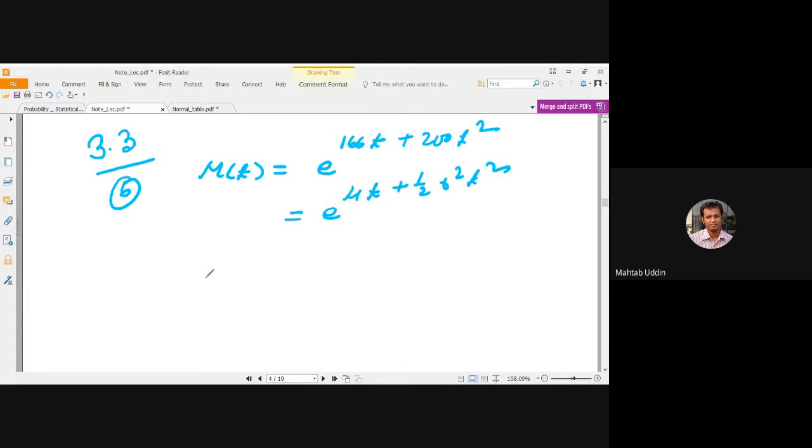If I compare this, mu is what? 160. Half sigma square is 200, so sigma square is 400. So what is sigma? 20, right?